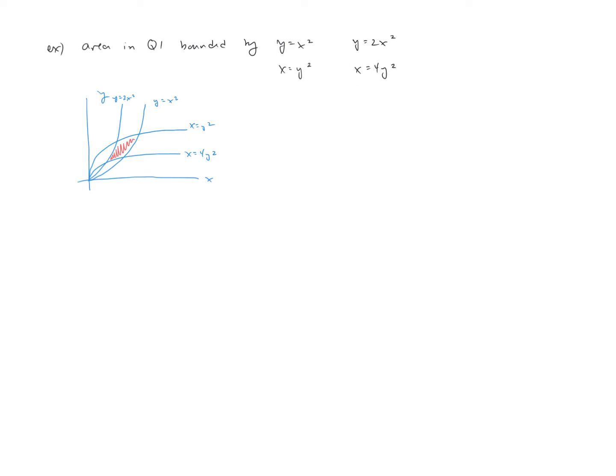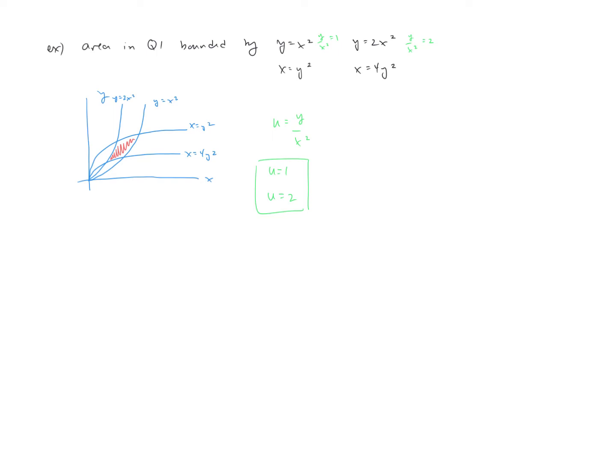For this first one, I might recognize this as y over x squared equaling 1, and this one over here is y over x squared equaling 2. So maybe I should let u equal y over x squared. If I do that, then u is going to equal 1 and u is going to equal 2. And those are going to be much easier numbers to deal with.